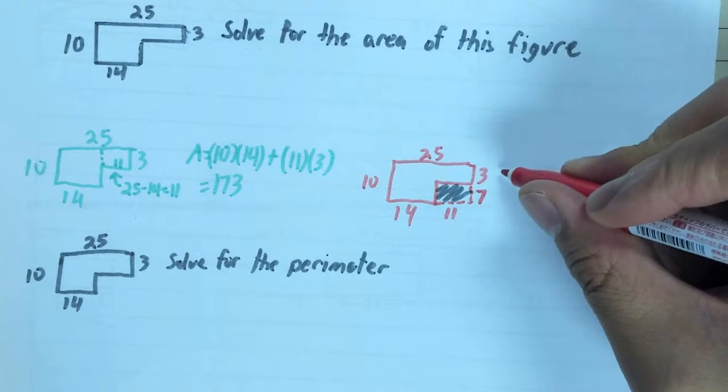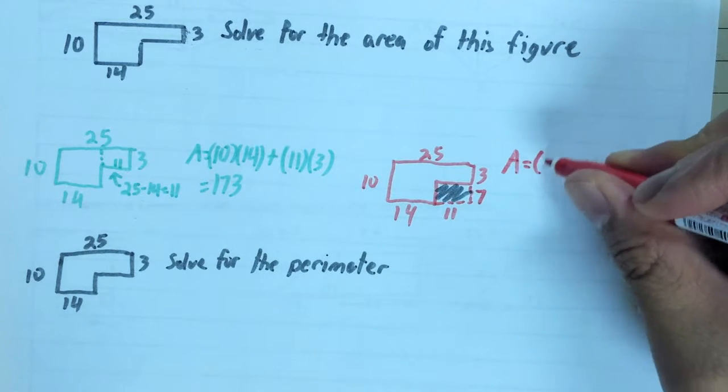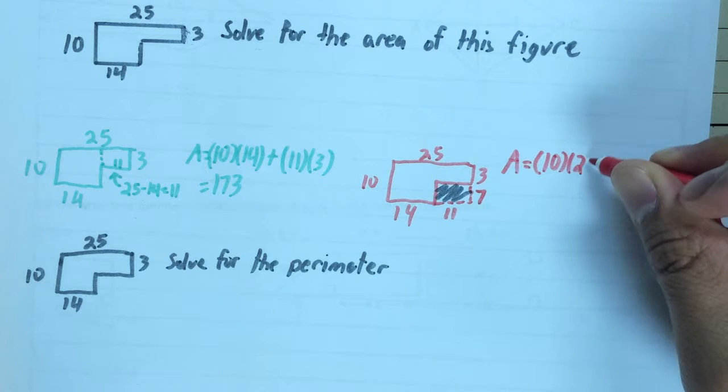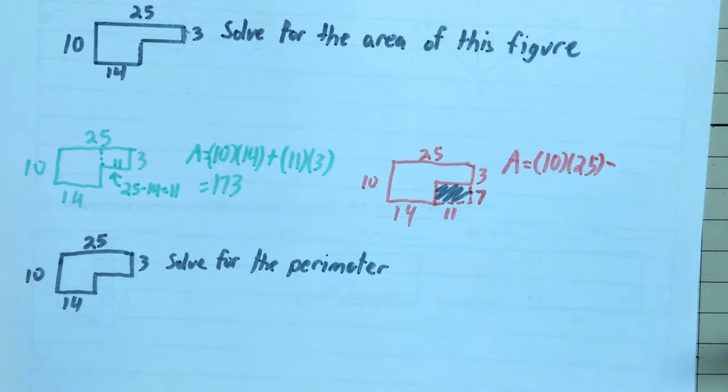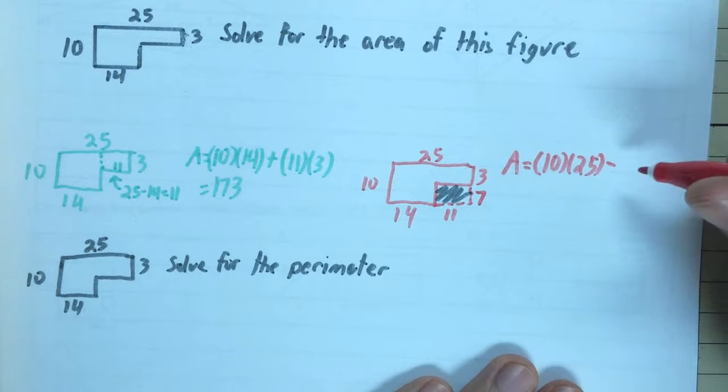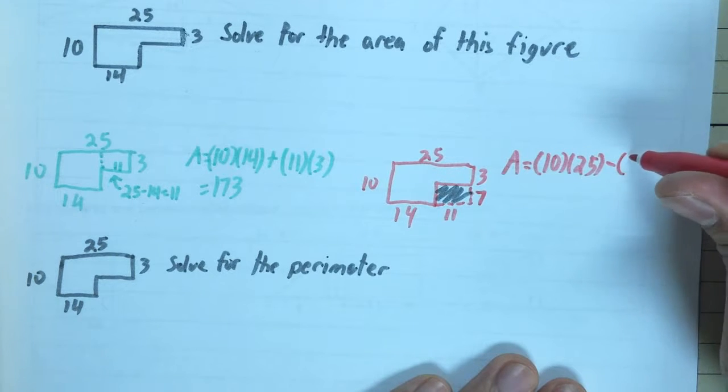So now we can do area of your full rectangle minus, take away, cut out that black portion, the small rectangle.